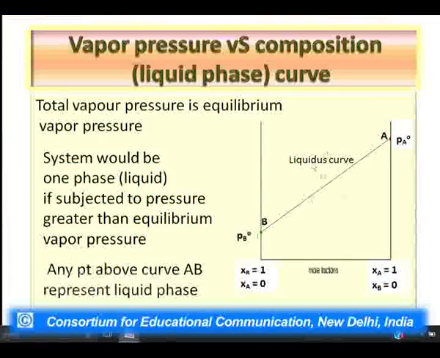You will see by way of a diagram that this is the curve for the vapor pressure of the solution formed by dissolution of two volatile liquids, B and A. If B is less volatile, meaning its vapor pressure of pure component B at a particular temperature is less than that of pure component A, then you can easily see the vapor pressure of the solution, as per its composition, lies between the vapor pressures of pure component B and pure component A.